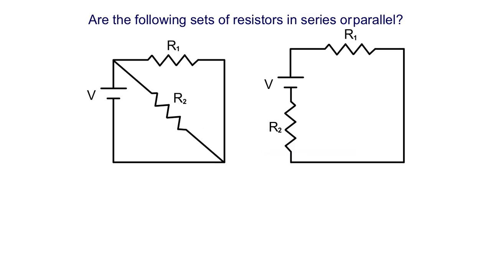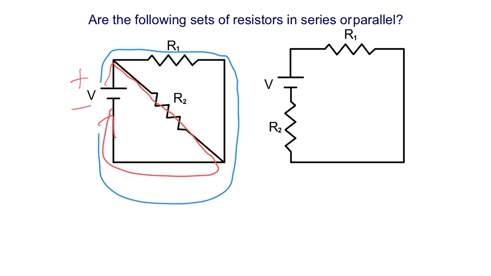Okay, so take the test. See if there's alternate paths. This one, the current could go that way from plus to minus, or it could go this way, this path, or it could even go another.